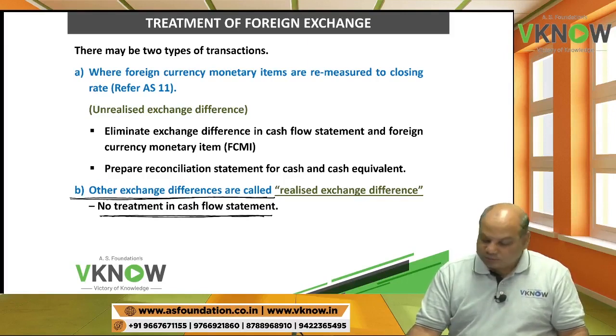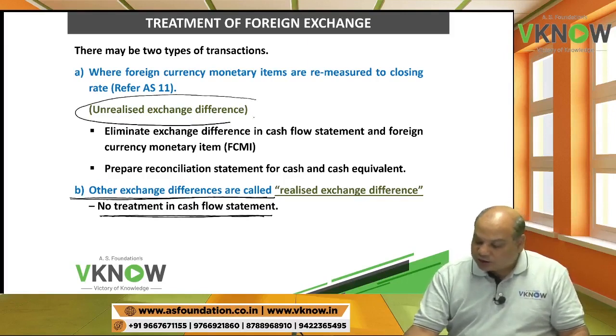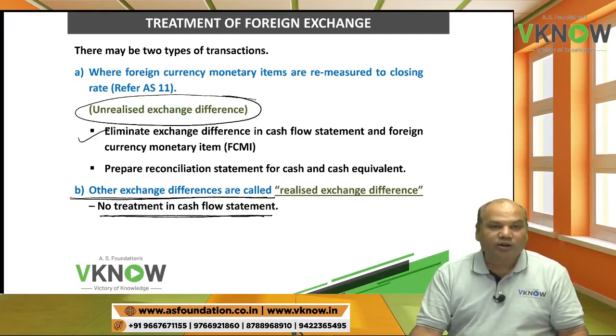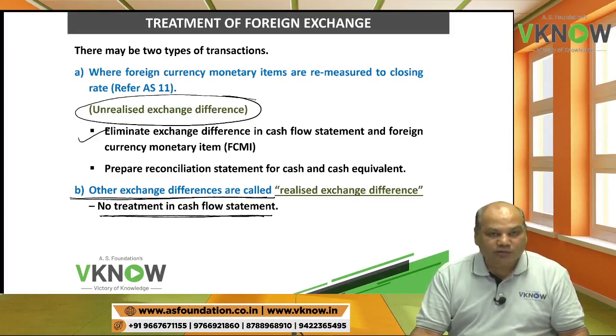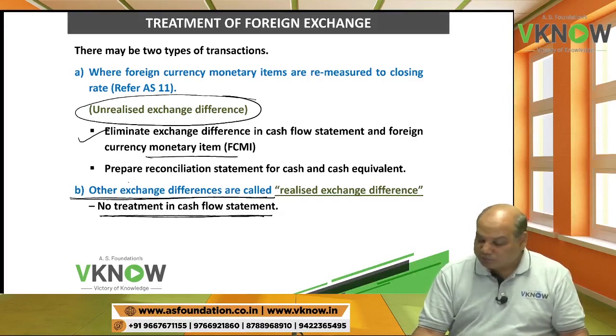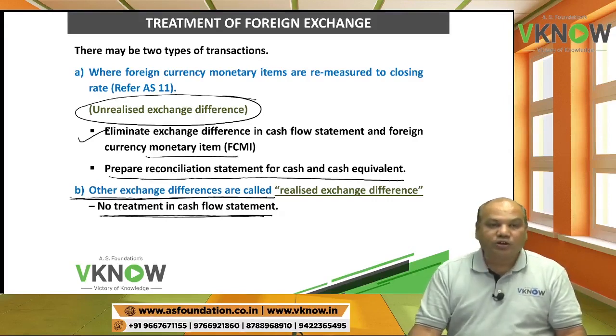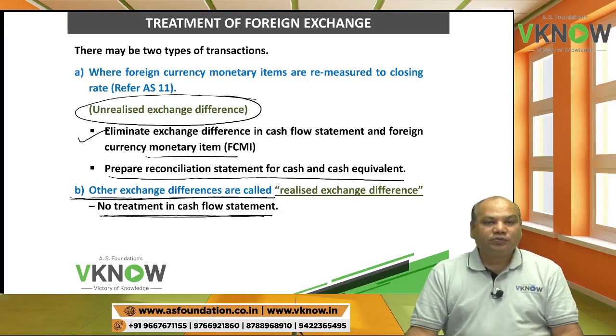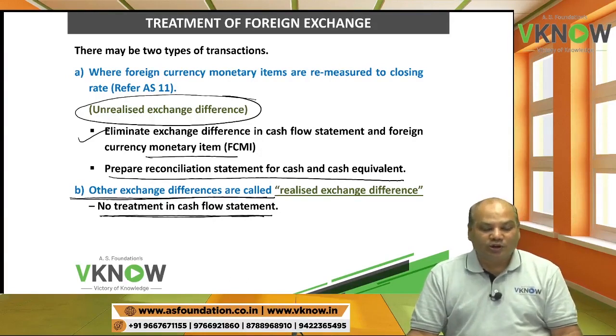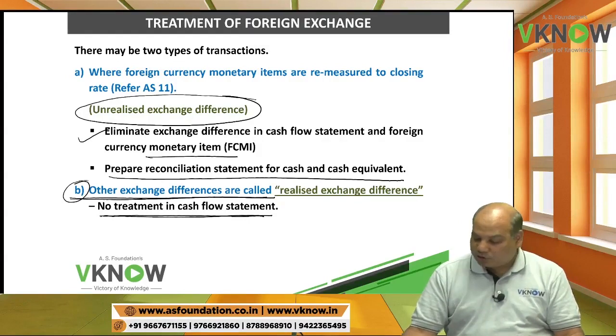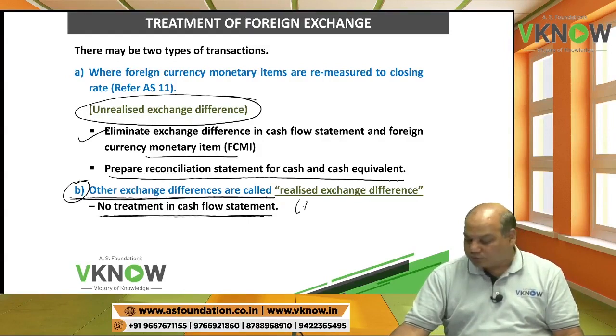So in short, if it is unrealized exchange difference, you will eliminate it in the cash flow statement with a contra effect in the respective FCMI, and if it is a cash and cash equivalent item, a reconciliation statement will be prepared. In case of exchange difference which has been realized, no further treatment is required because it represents cash flow.